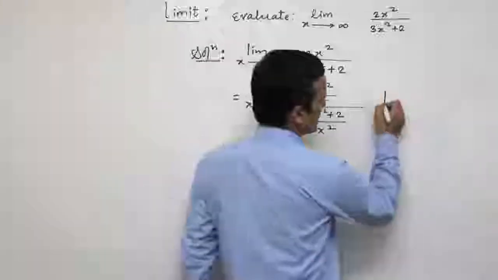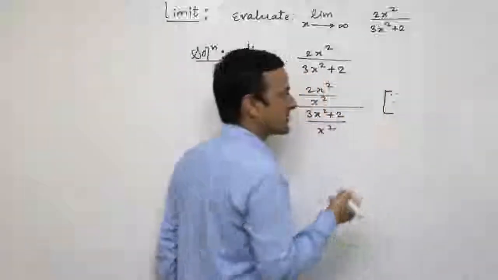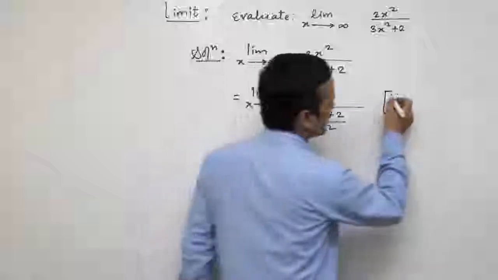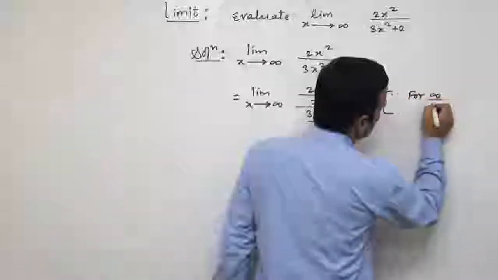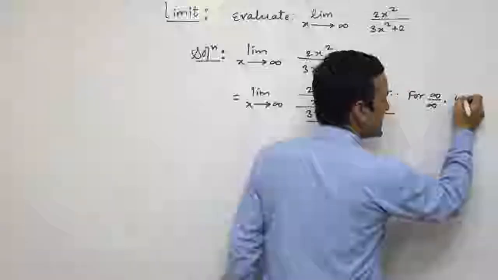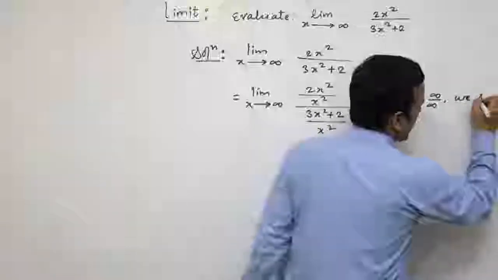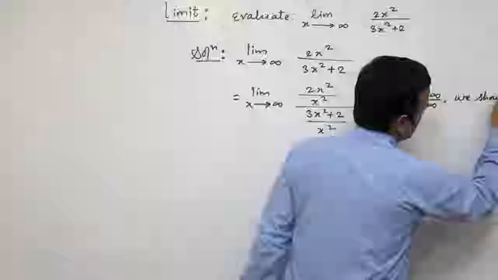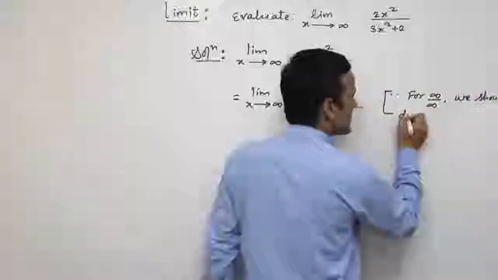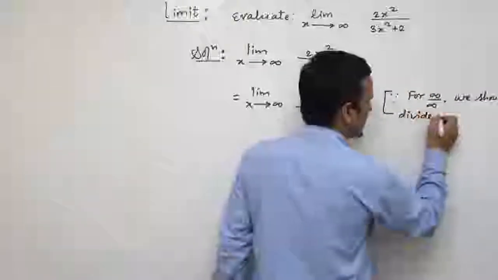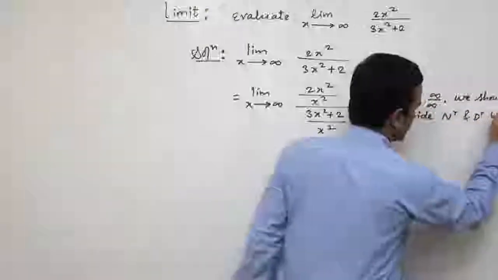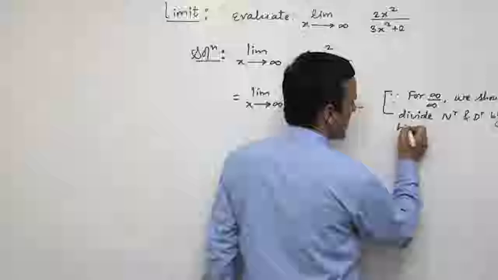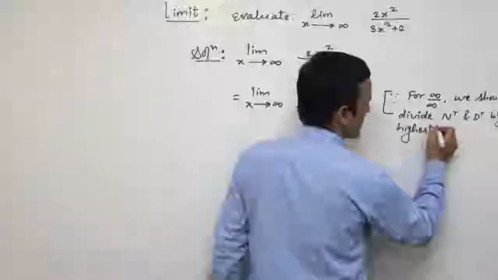So for infinity divided by infinity, we should always divide the numerator and denominator by the highest power of x.